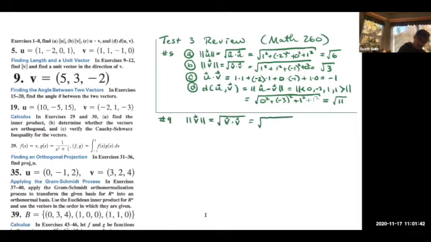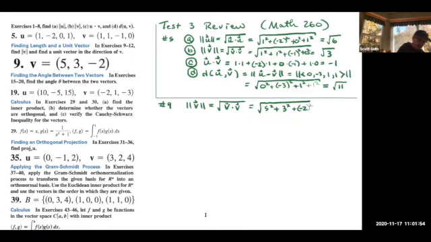So we get 5 squared plus 3 squared plus negative 2 squared, that's 25, 34, 38, square root of 38.